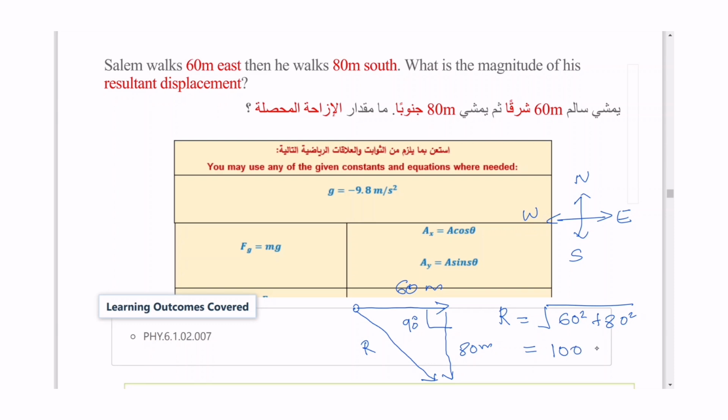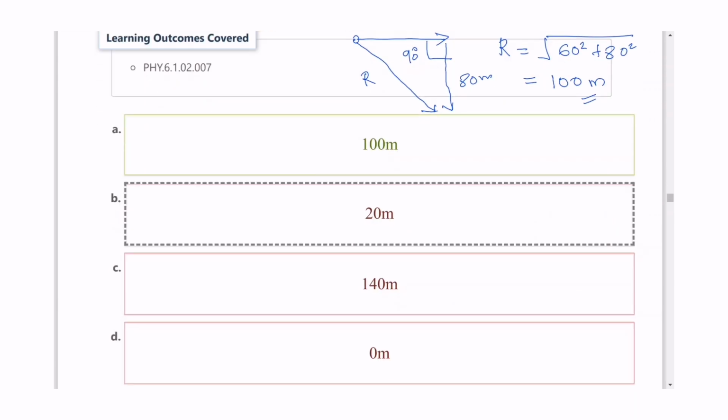So 100 meter is the resultant displacement. 100 meter is the correct answer.